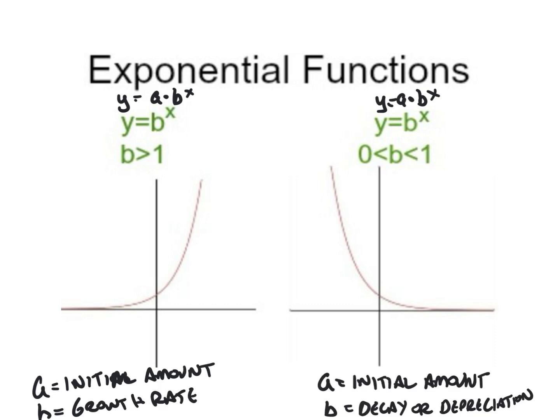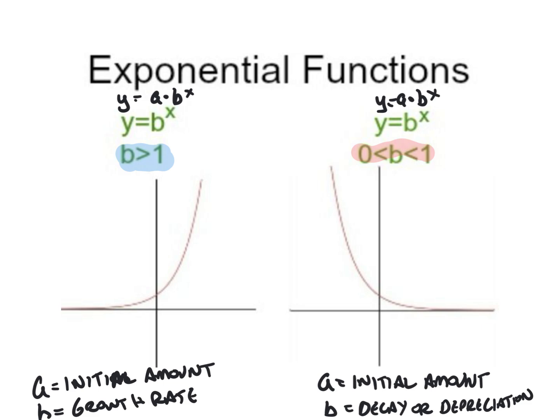If b is bigger than 1, then you have growth or increase. If b is less than 1, bigger than 0 but less than 1, you have decay or depreciation. This is the difference between these functions. They both curve on one side, and they both have a horizontal asymptote on one side.